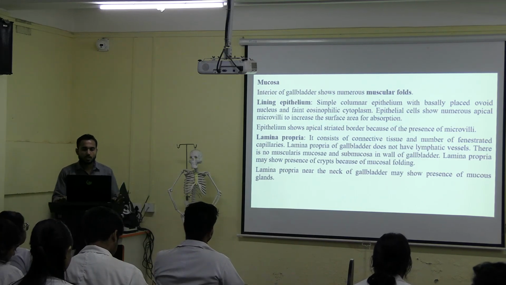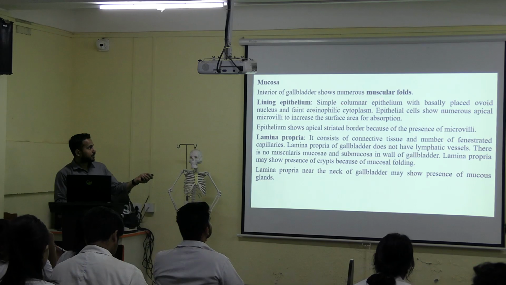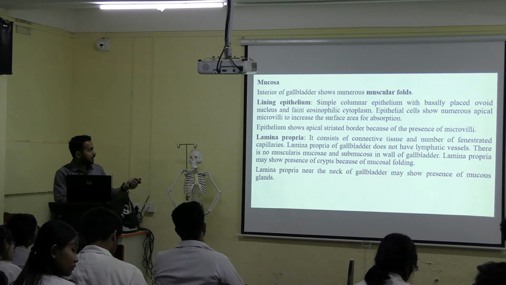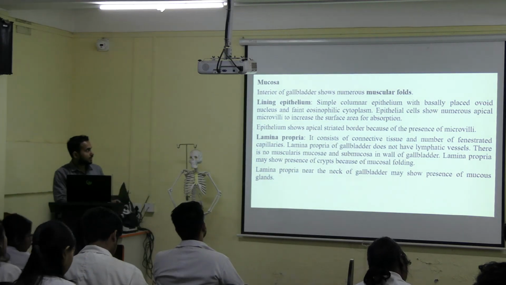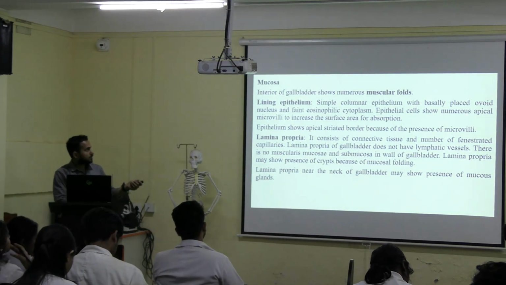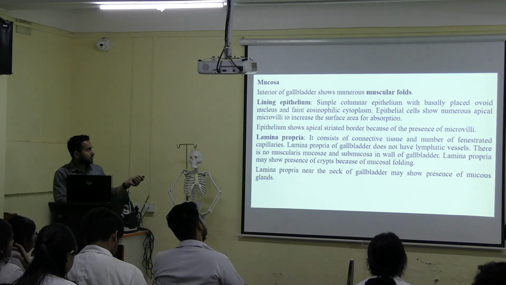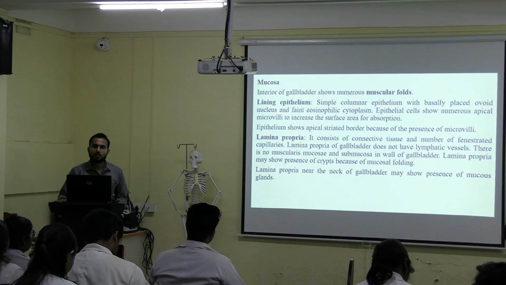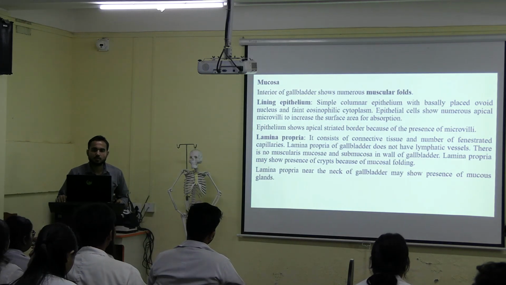Now the lining epithelium is simple columnar epithelium with basally placed nuclei and faint eosinophilic cytoplasm. The epithelium shows numerous apical microvilli which increase the surface area for absorption. Now, why does absorption take place inside the gallbladder? Any idea?